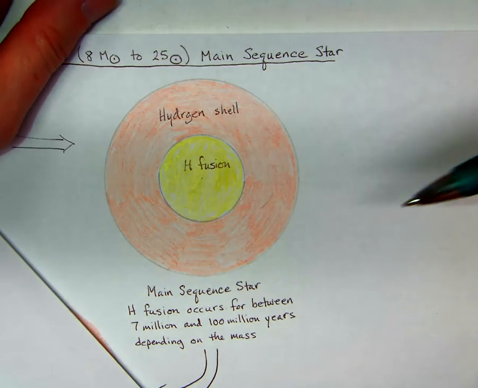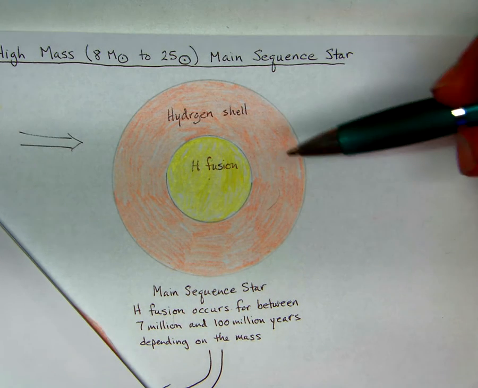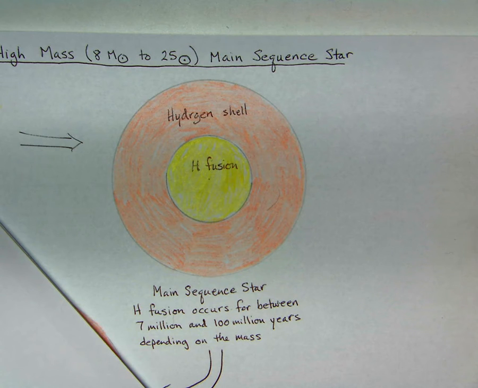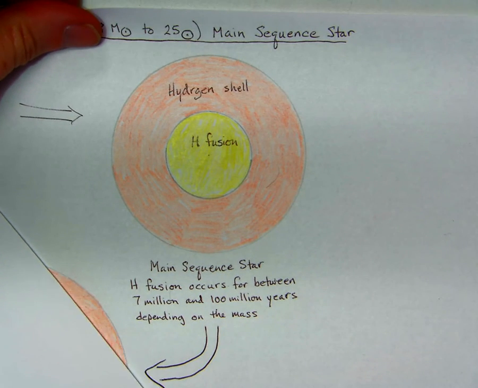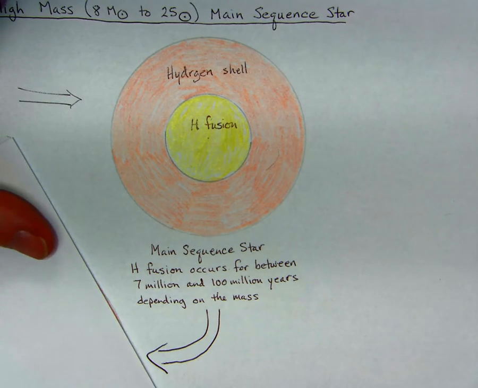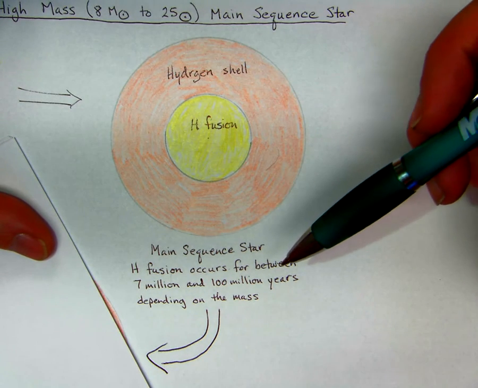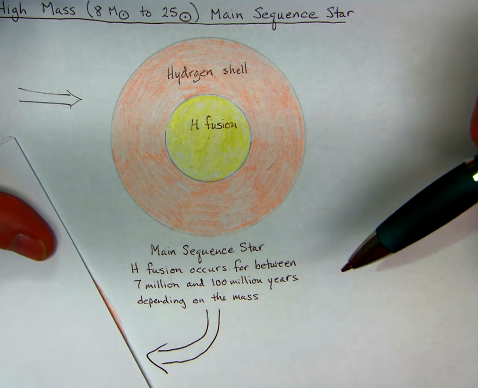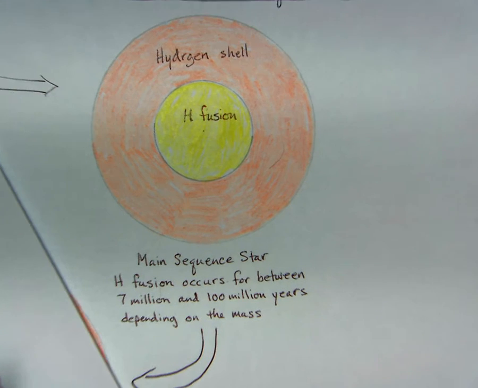And then in the center, the hydrogen starts fusing and changing into helium. At this point, it's a main sequence star. And this hydrogen fusion for an 8 to 25 solar mass star will occur for between 7 million years and 100 million years, depending on the mass.